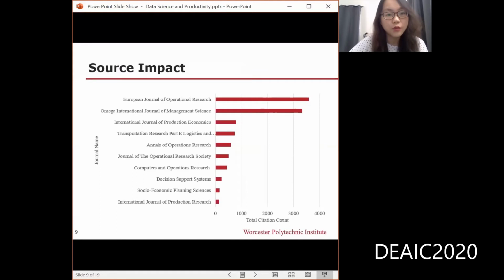The first one is European Journal of Operational Research with almost 4,000 citations, followed by Omega, the International Journal of Management Science, International Journal of Production Economics, Transportation Research Part E, Annals of Operations Research, Journal of the Operational Research Society, Computers and Operations Research, Decision Support Systems, Socio-Economic Planning Sciences, and International Journal of Production Research.